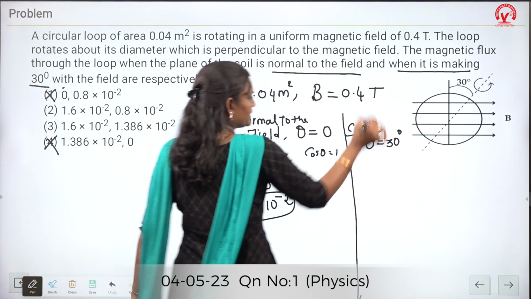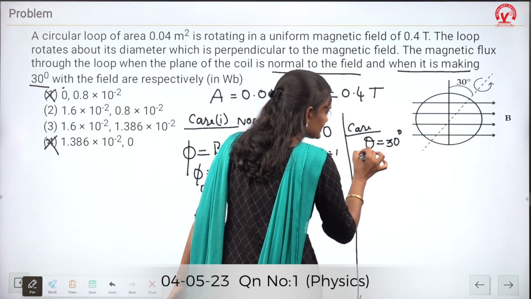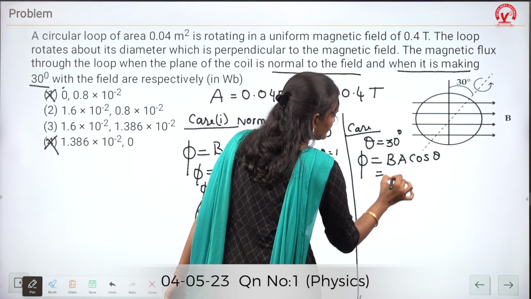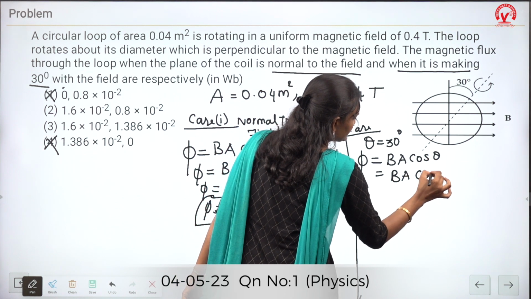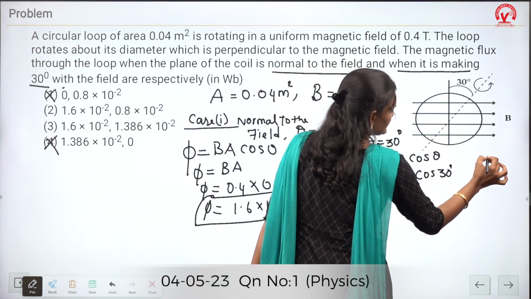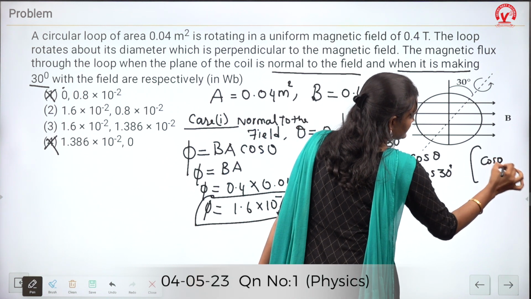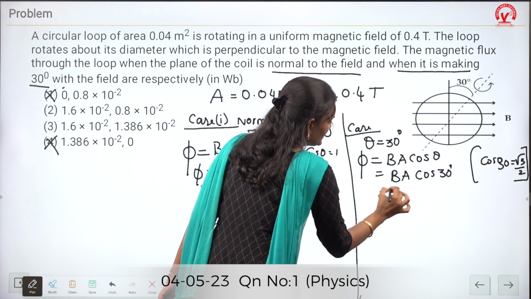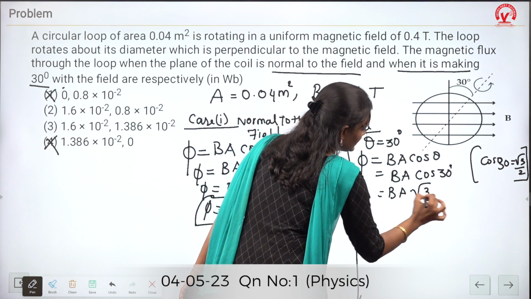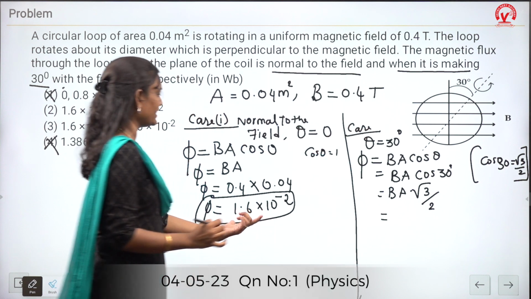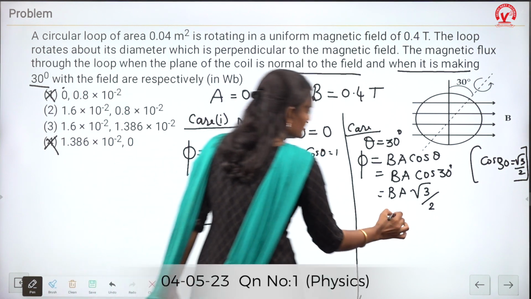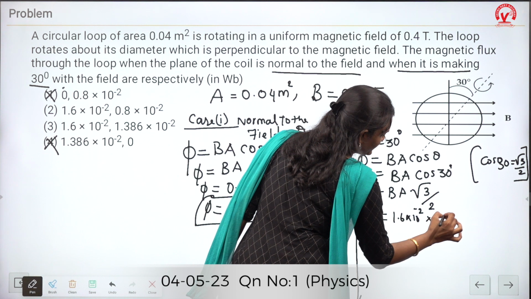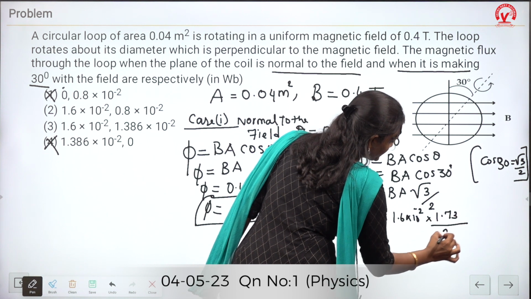And the same formula, flux phi is equal to BA cos theta. And here BA cos 30 degrees. We know cos 30 degrees is equal to root 3 by 2. So BA root 3 by 2. Here we found the value of BA. This is the BA value, so 1.6 into 10 power minus 2, root 3, it is nothing but 1.73, divided by 2.